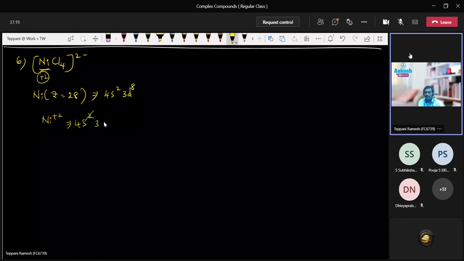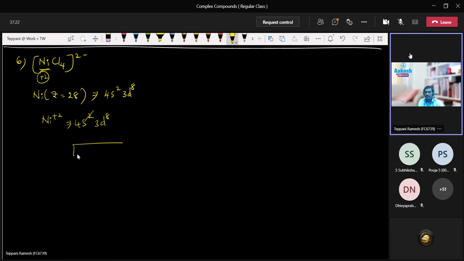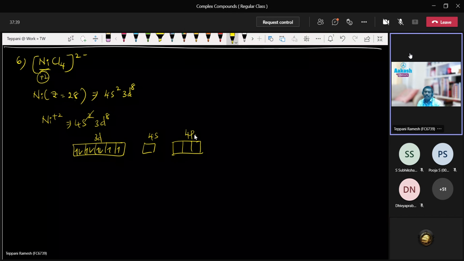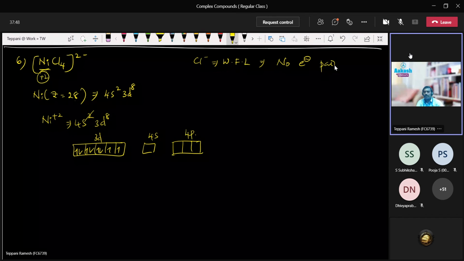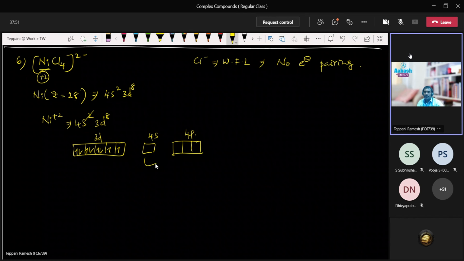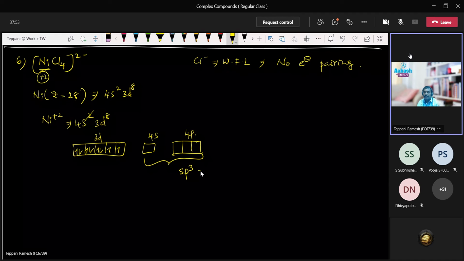For nickel plus 2, the 4s2 is gone, leaving 3d8. 3d8 means how do you write it: 1, 2, 3, 4, 5, 6, 7, 8. 4s is free, 4p also free. How many orbitals are required for Cl minus, a weak field ligand? No electron pairing, so 4 are required, sp3.